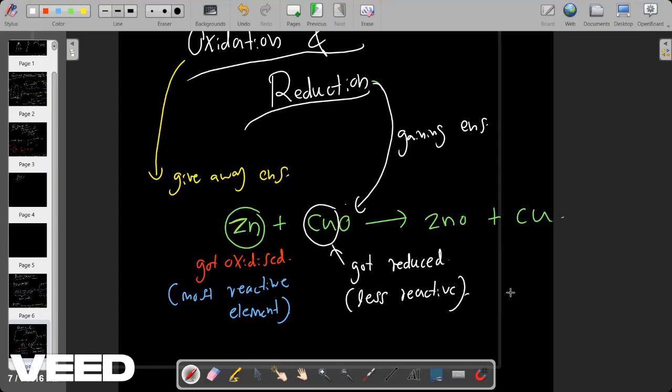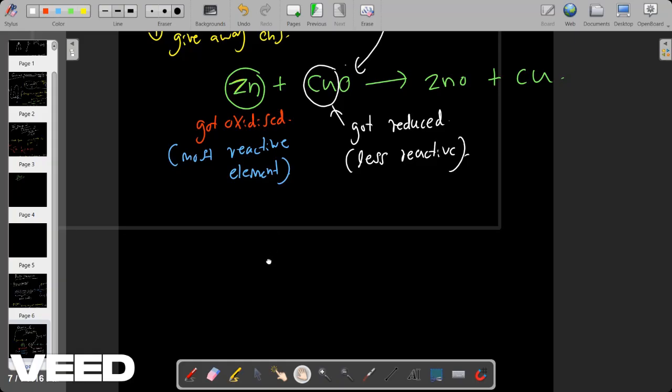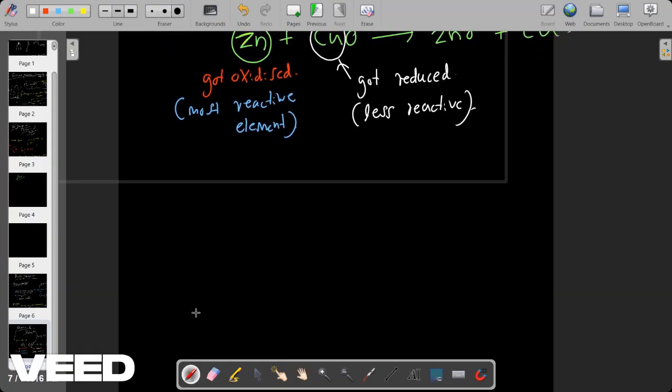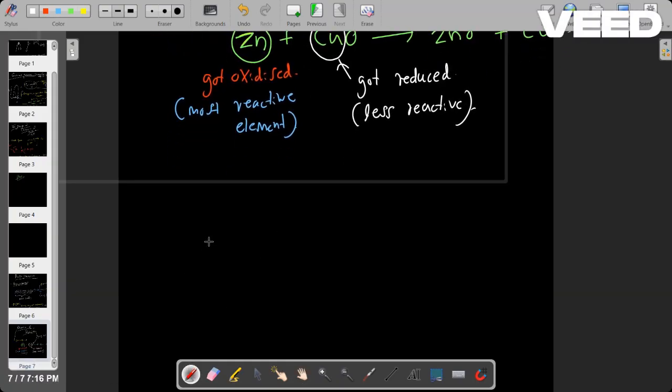I will give you a question and you decide which one is getting oxidized and which one is getting reduced, and you tell me how you figured it out based on the charges.